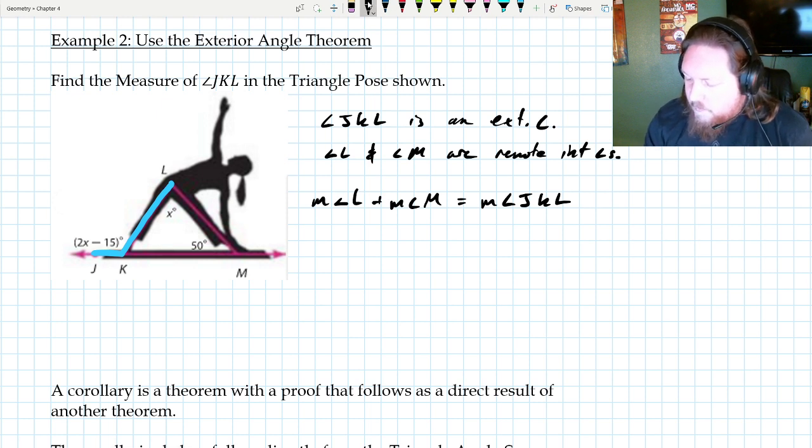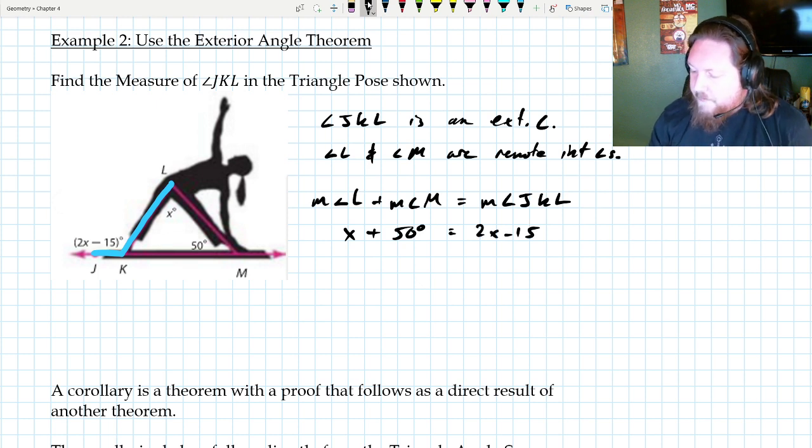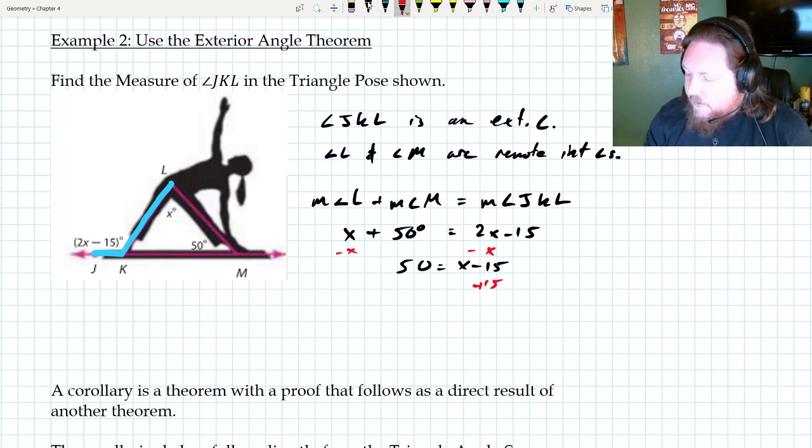And all we have to do is plug it in. Angle L is x, measure of angle M is 50 degrees, and JKL is 2x minus 15. And now I go ahead and solve my equations. Subtract x from both sides. 50 equals x minus 15. Add 15.